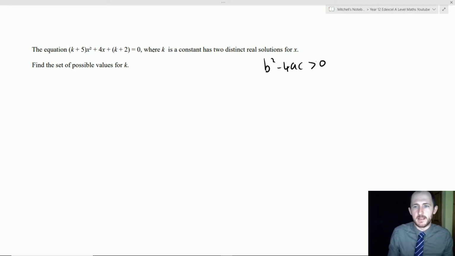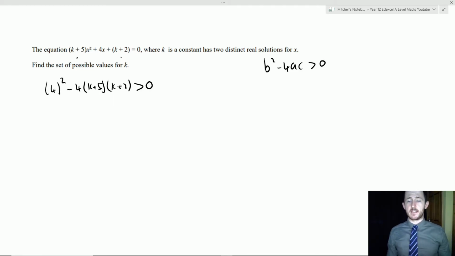Now, the difficult bit is the fact that A and C are expressions which look a bit tricky, but it's actually not that bad. So what we're going to do is substitute it in. B is minus 4, A is k plus 5, C is k plus 2, greater than 0. So we're definitely going to get a quadratic.